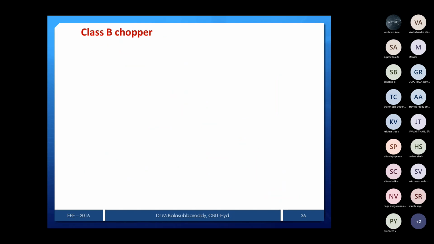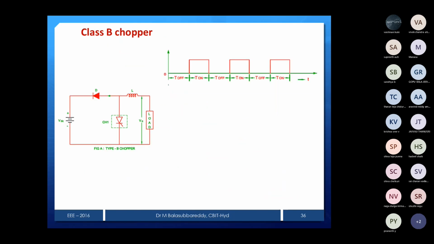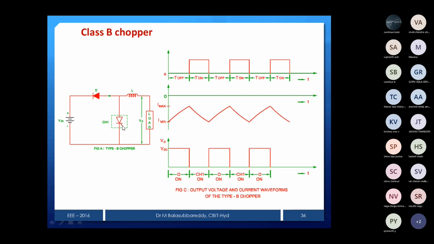Current is negative. Now we can see the waveforms. When the chopper is off, you will get an output voltage the same as the source. If the chopper is on, output voltage will be 0. It is just the reverse of the type A chopper.